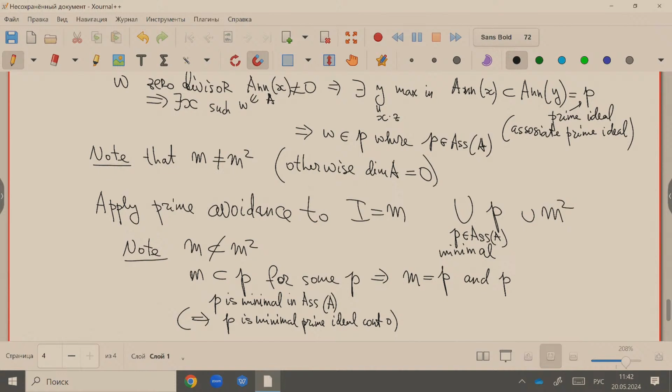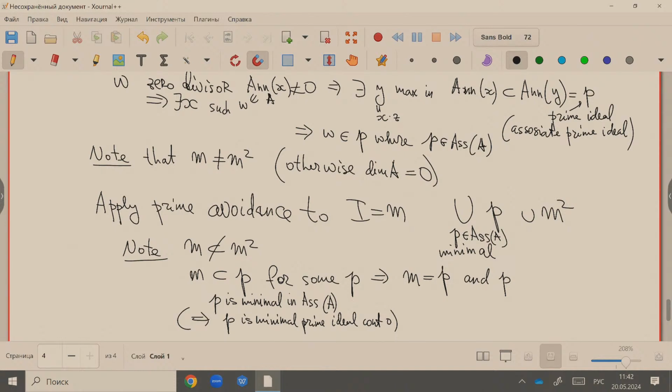Sorry. So here the situation is more simple. Here we had a local ring. And here we also have P minimal. No, it's not simpler. So P is just a minimal prime ideal containing 0.